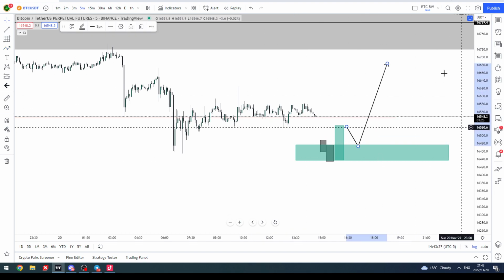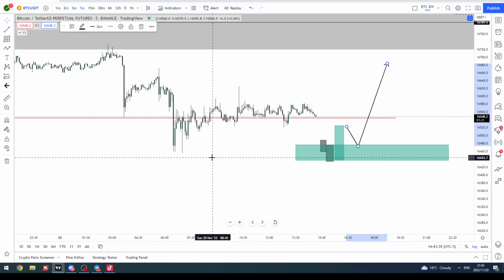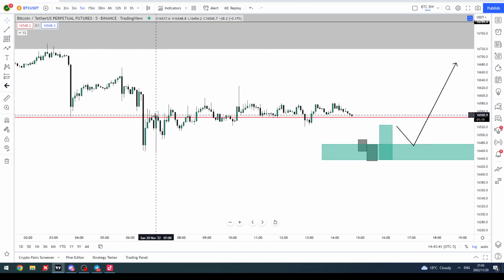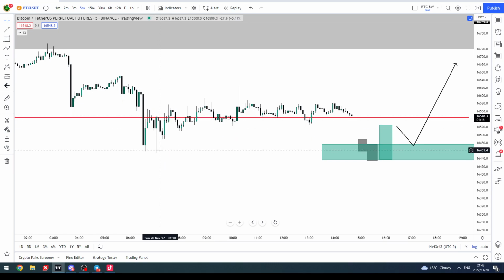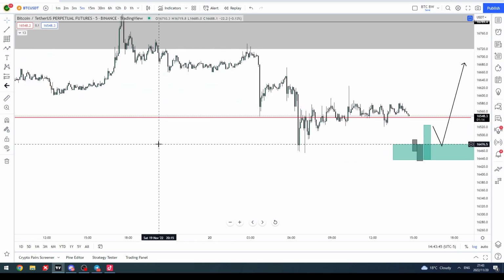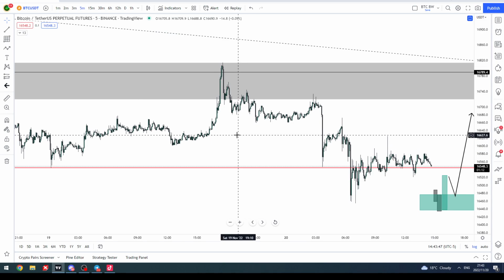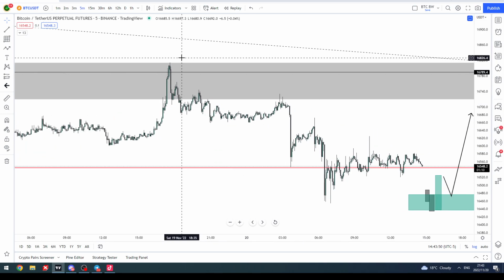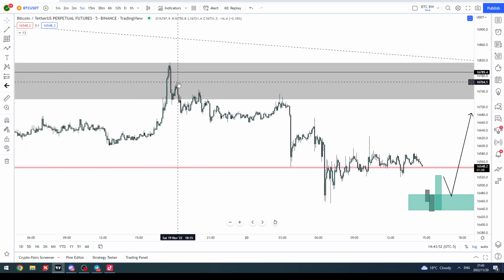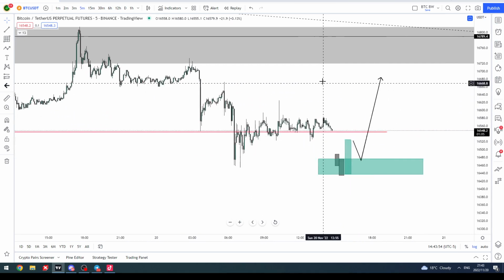Does that make sense? So green down candles are bad bullish order blocks, and in my case or in your case, any up candles that are down candles are bad bearish order blocks. Those will get raided.